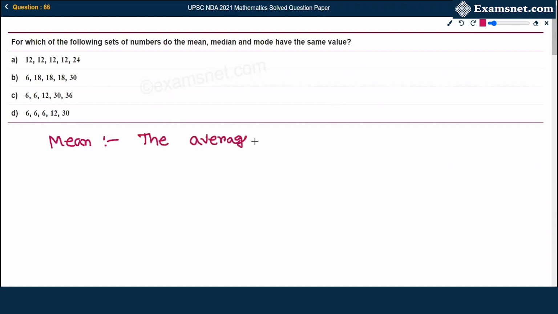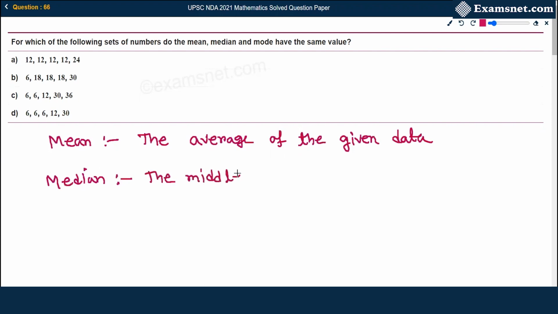The average of the given data. Next, median means the middlemost value of the arrangements. The middlemost value of the arrangements.